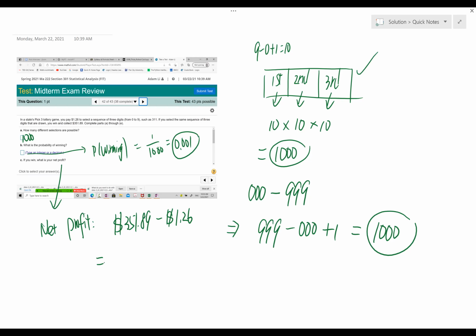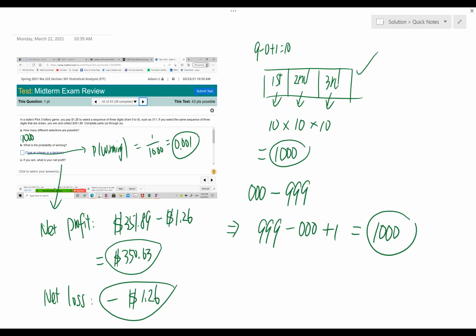So $351.89 minus $1.26, and that turned out to be the net profit, which is $350.63. Yes, and then we can also easily figure out the net loss, right? The net loss will be negative, since the loss is $1.26.